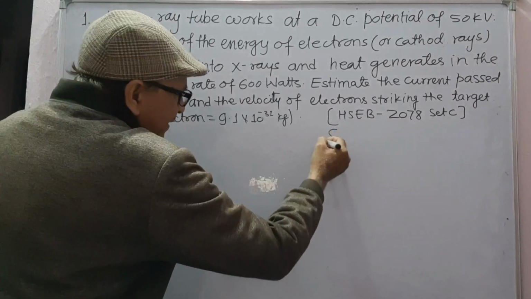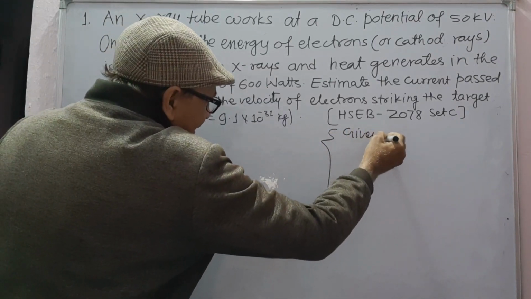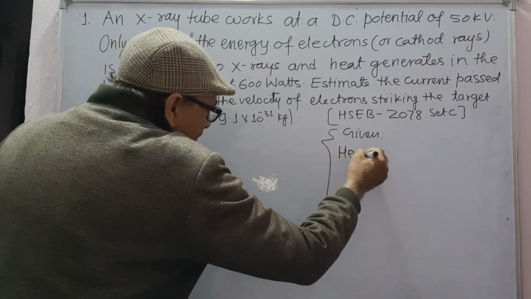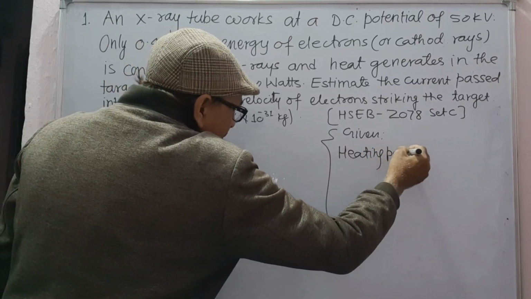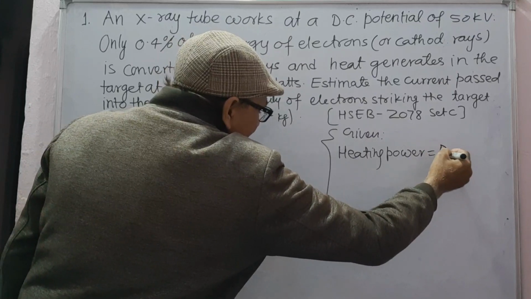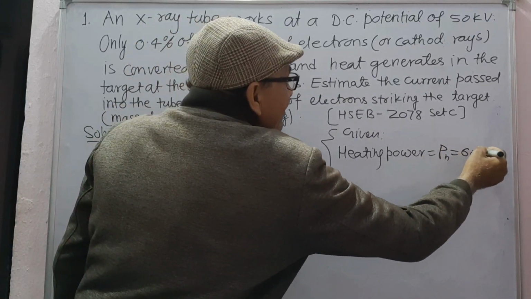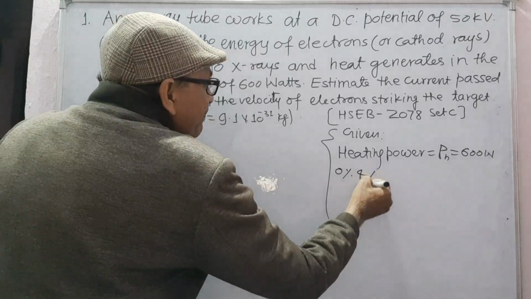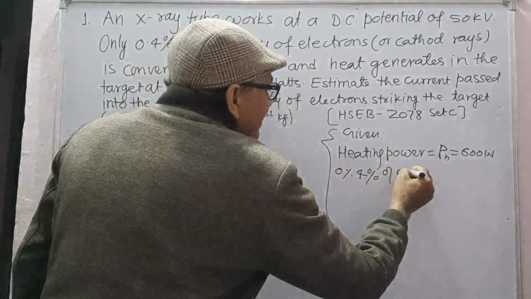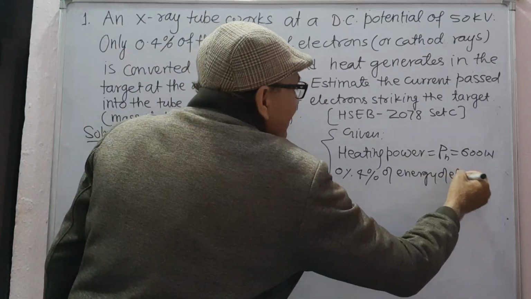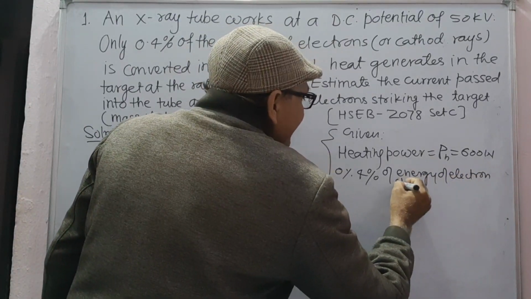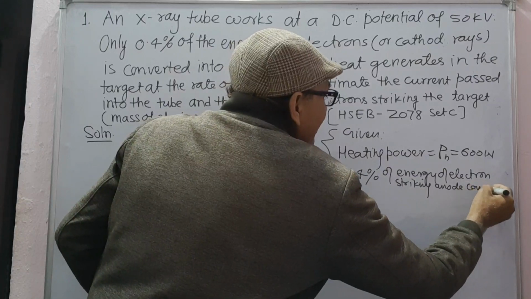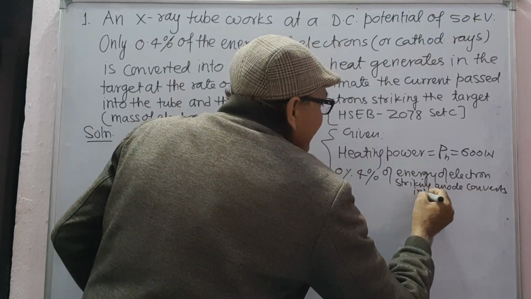Solution. Given: heating power, suppose this is P_H, is 600 watts. 0.4% of the energy of electrons striking the anode converts into X-rays.